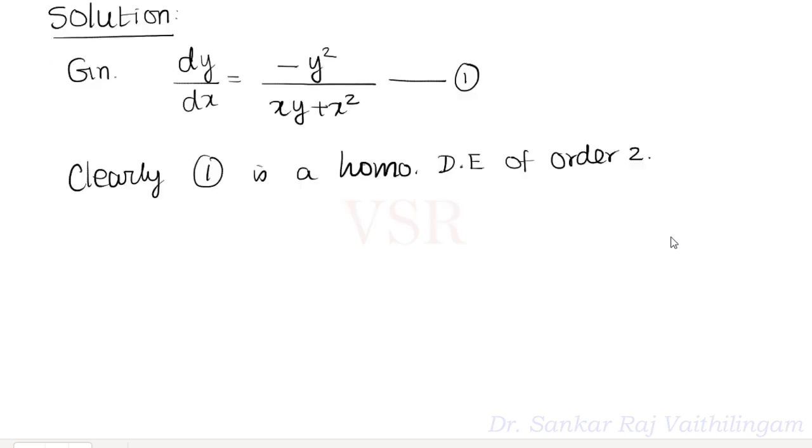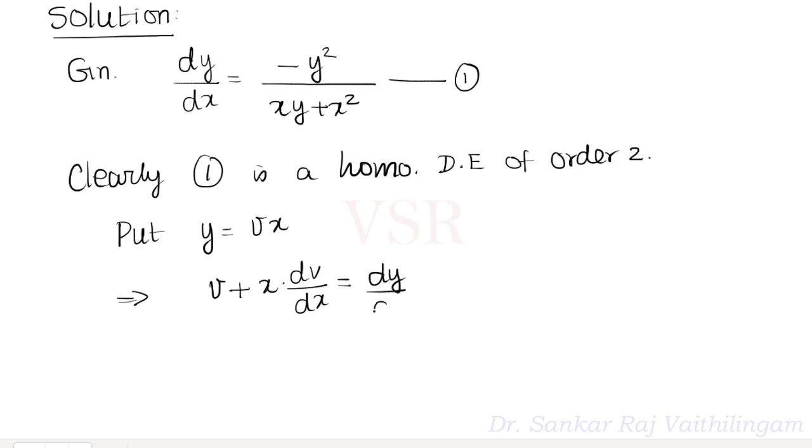Okay, now I am going to solve this. How will I solve it? Put y equal to v times x. So this implies that we will have v times 1, so v plus x into dv by dx, which is equal to, now in place of y, I put vx. So we will have dy by dx equal to minus v square x square divided by vx into vx plus x square.